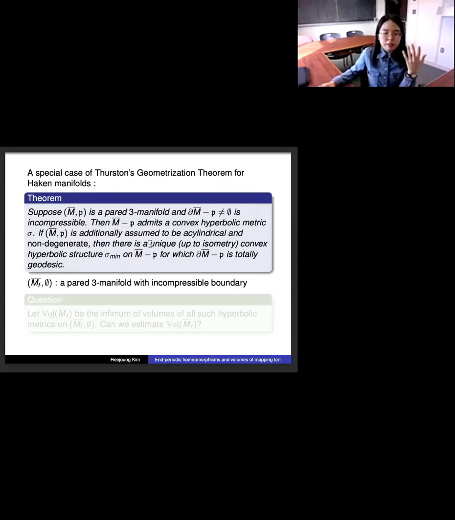And if M bar is additionally acylindrical and non-degenerate, then there is a unique hyperbolic structure up to isotopy.